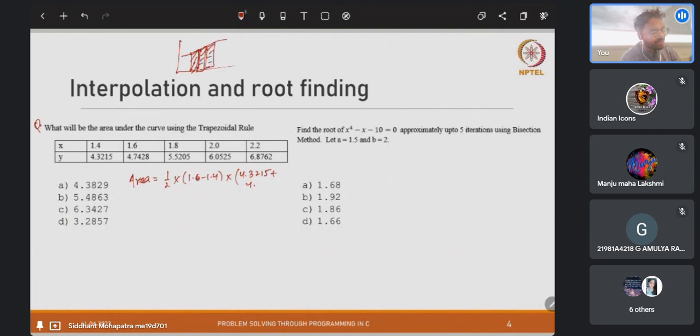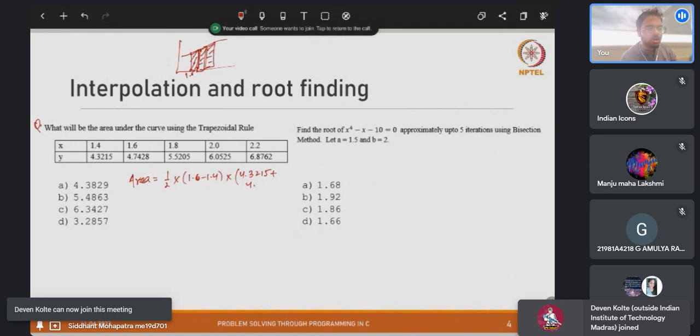So we have 4 different trapezoids here: the first between 1.4 and 1.6, the second between 1.6 and 1.8, and so on. We have to calculate the area under the curve of each of the trapezoids separately.